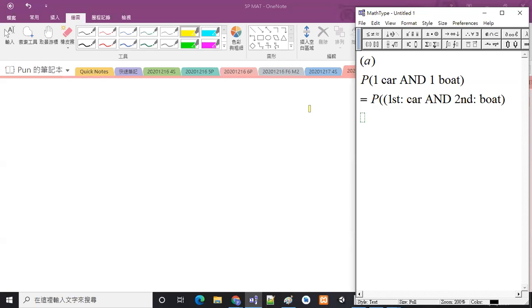What is the other case? Is that first is boat and second is car. Can you get this?